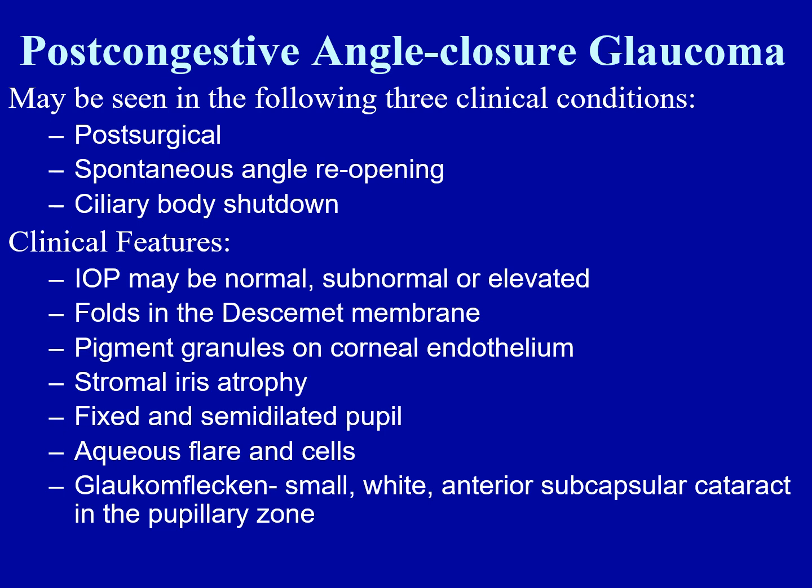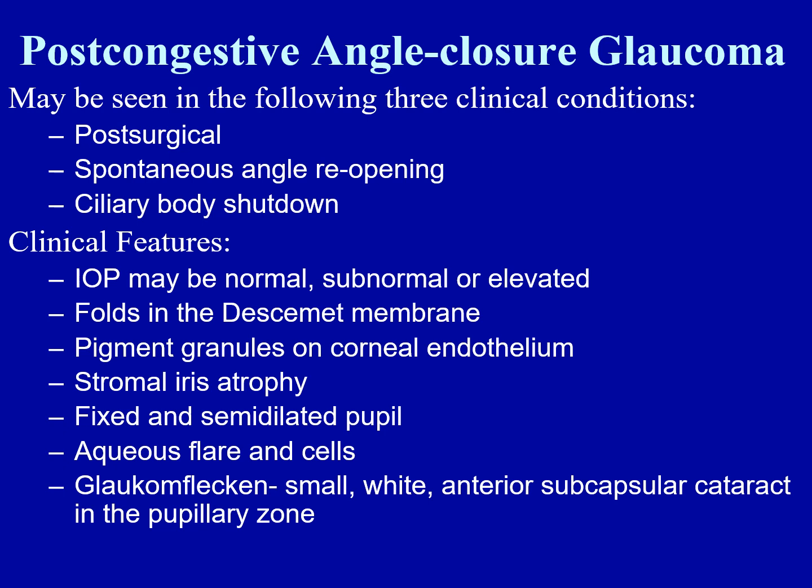And the other stage is post-congestive angle closure glaucoma. It may be seen in the following three clinical conditions: post-surgical, spontaneous angle reopening, and ciliary body shutdown. And the clinical features of post-congestive angle closure glaucoma are: intraocular pressure may be normal, subnormal, or elevated.